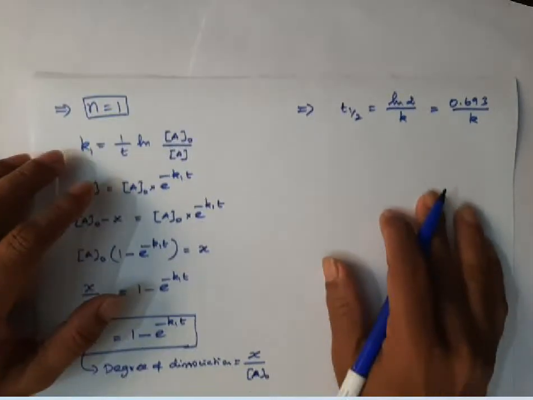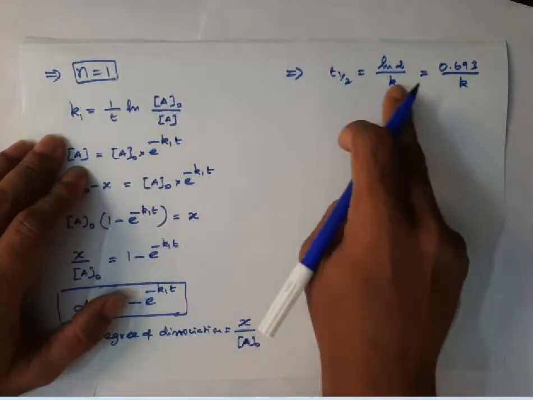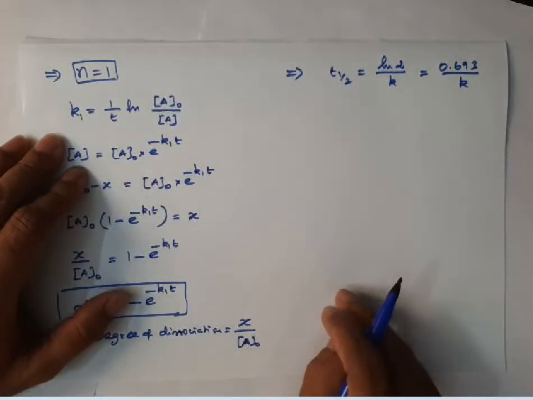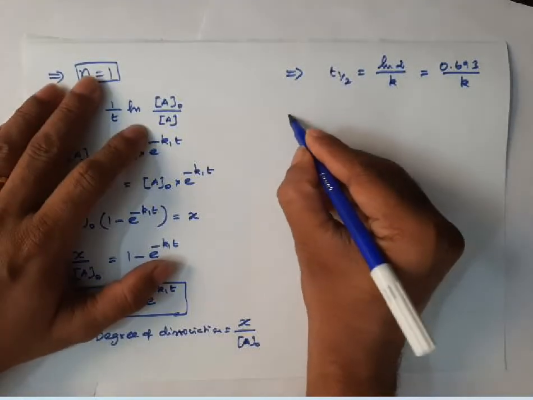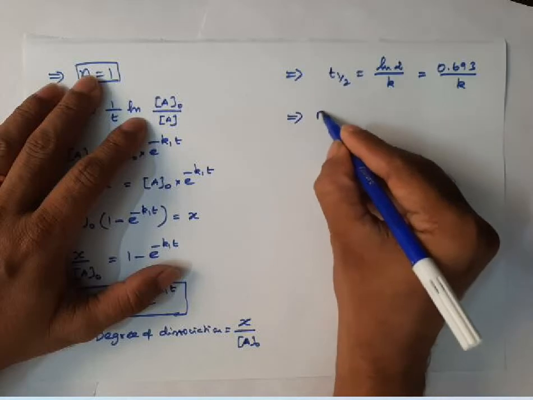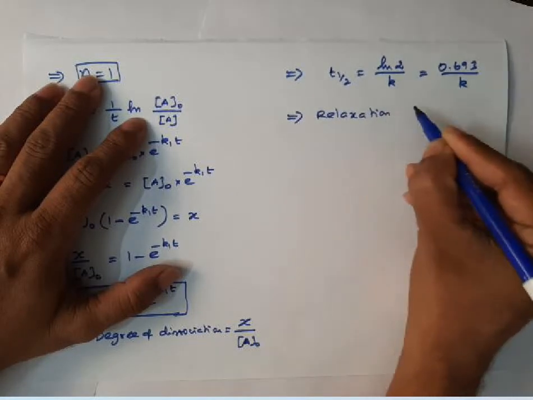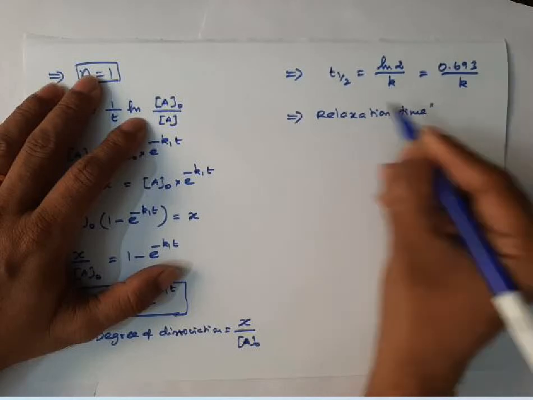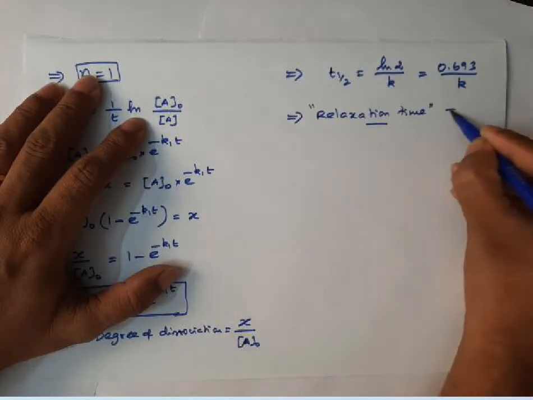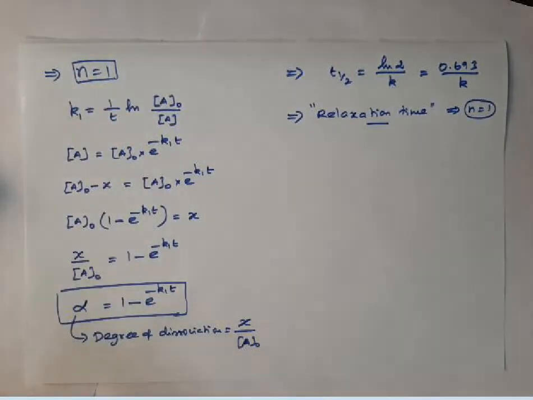This is the expression for half-life period for first order reaction, which is independent of concentration of the reactant. Now I'm going to introduce another term called relaxation time. We all know that the concept of relaxation time is applicable only for first order.